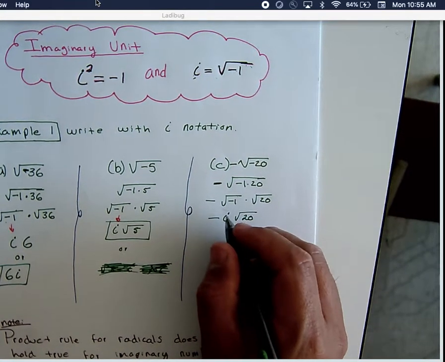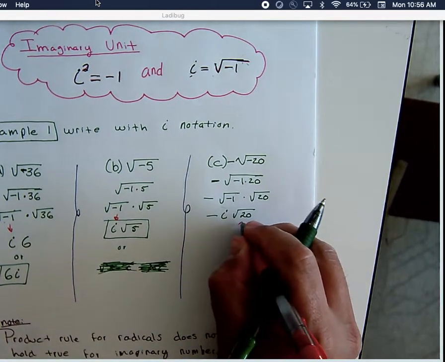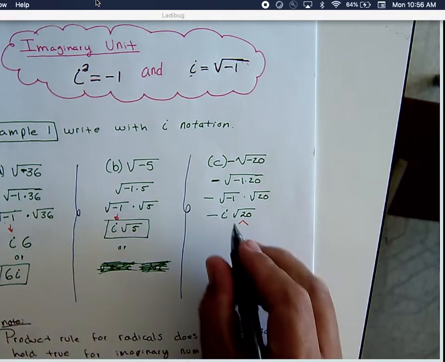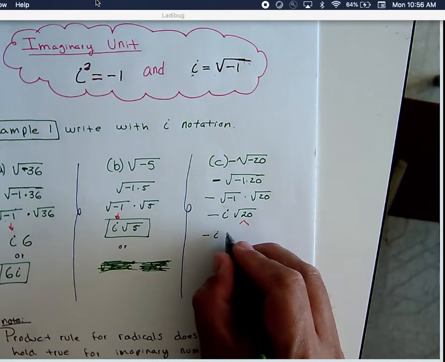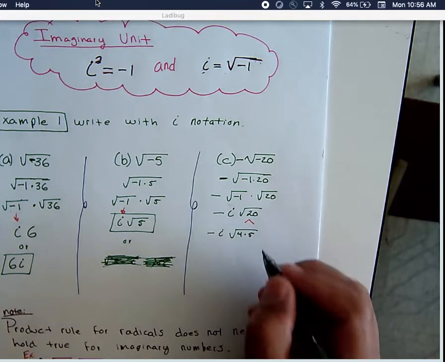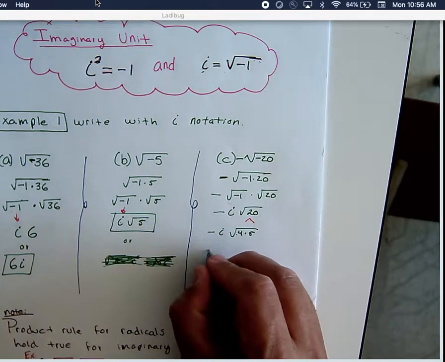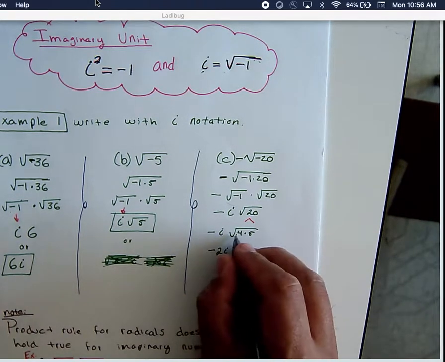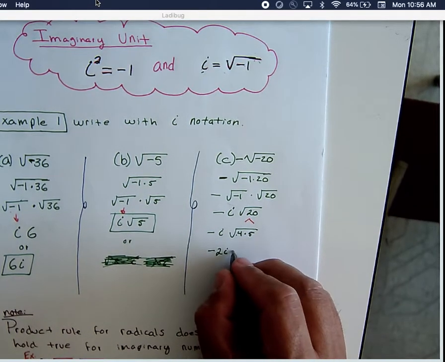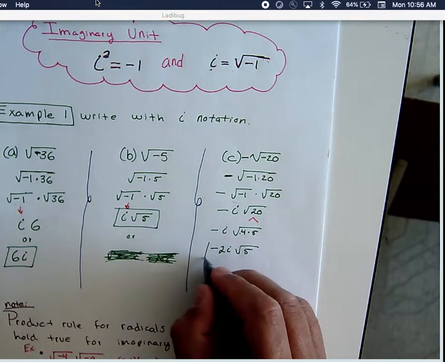Now for the 20, you guys should know that we can split it into 4 times 5. So the square root of 4 would be 2. So -2i would be outside, and then the square root of 5 would stay inside. And this would be the answer for this one.